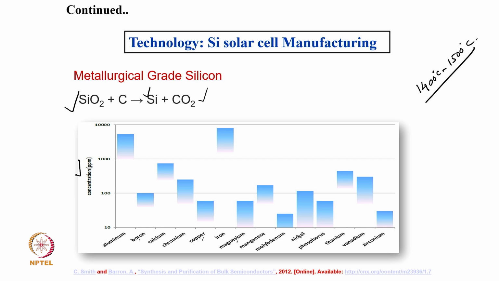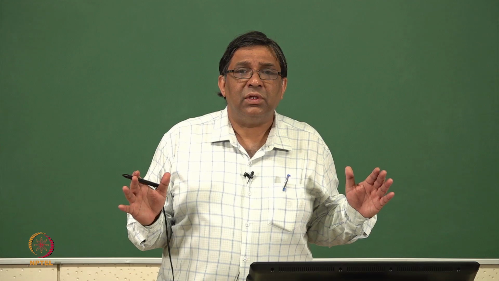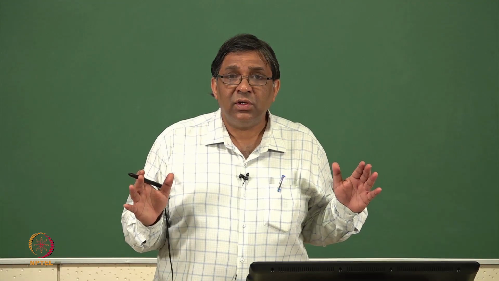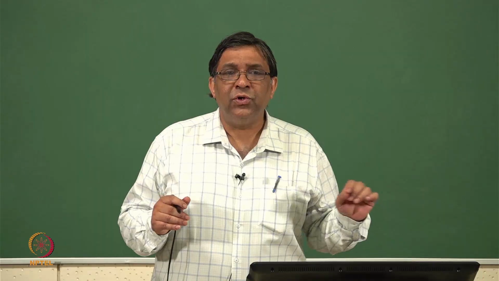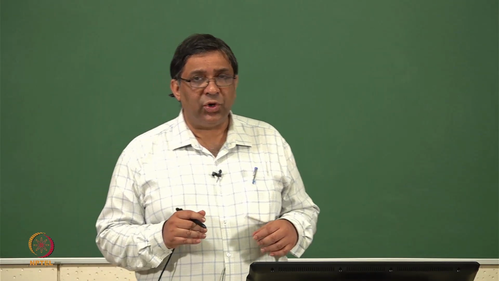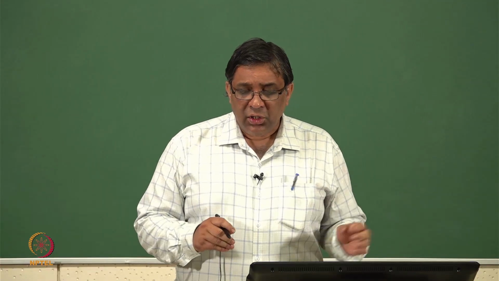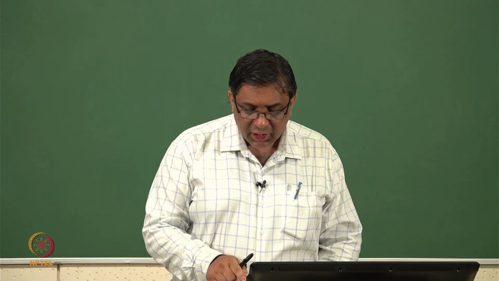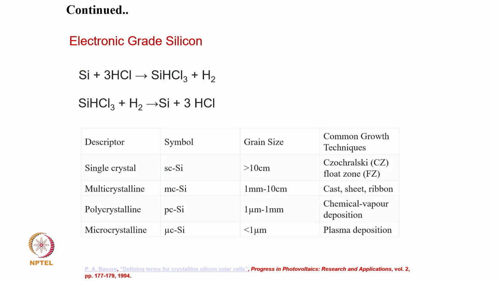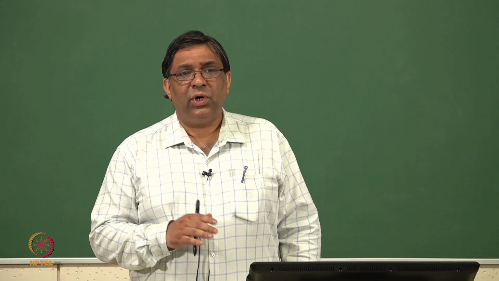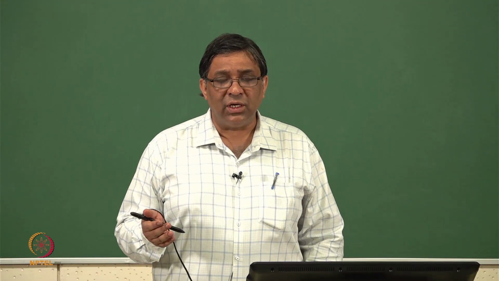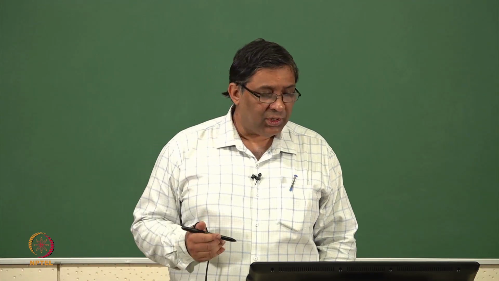So you need a very high temperature furnace for this process, and therefore it is costly. I will show you a few real chambers where people produce this silicon. This is the reason why you have very costly equipment and a costly process. But one cannot help it, because one has to start by making metallurgical grade silicon at high temperature.